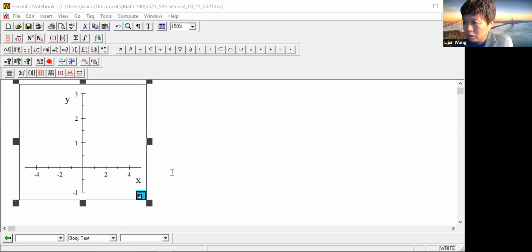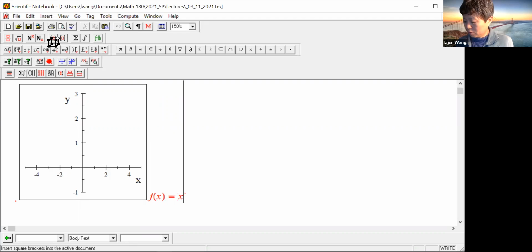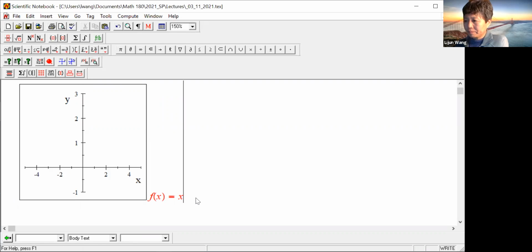Like the picture of f of x equals x? Yeah. How does the function f of x equals x look like? It's like a diagonal line. Sorry? It's a diagonal line. All right.